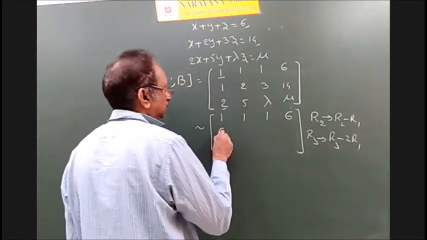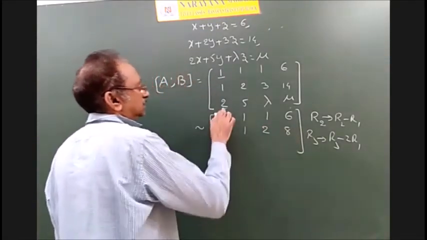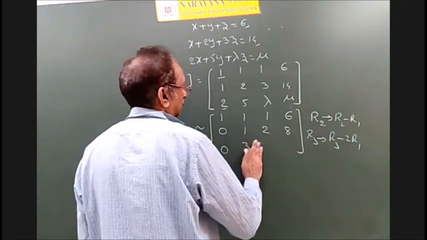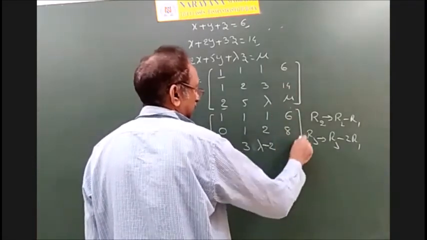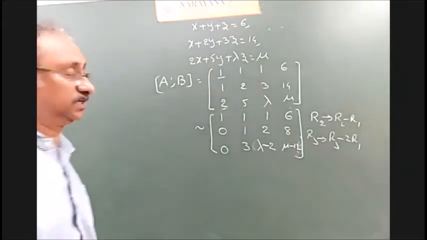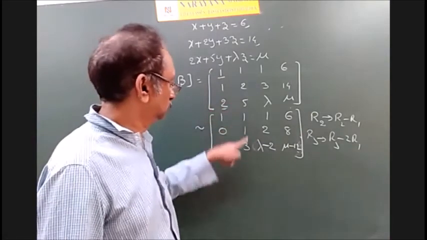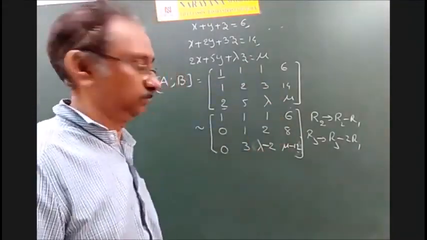So R2 minus R1, 0, 1, 2, 8. 2 minus 2, 0, 5 minus 2, 3, and this is lambda minus 2, and this is mu minus 12. Isn't it? So multiplying with minus 2 and adding 0, minus 2 plus 5, 3, minus 2 plus lambda, minus 12 plus mu. That is over.